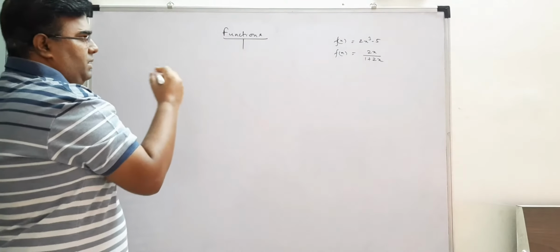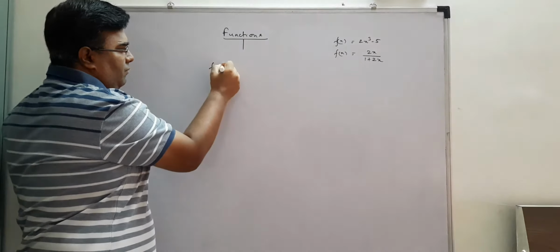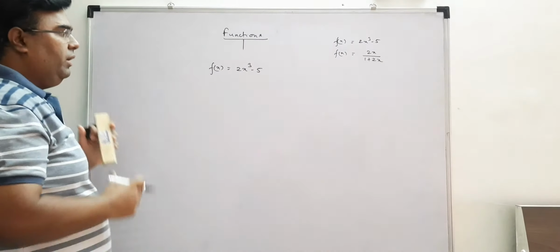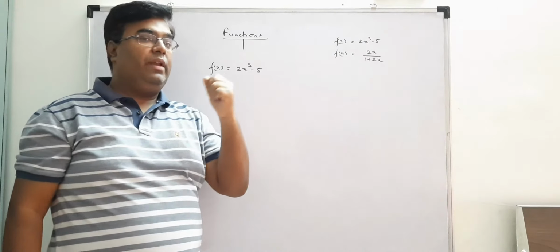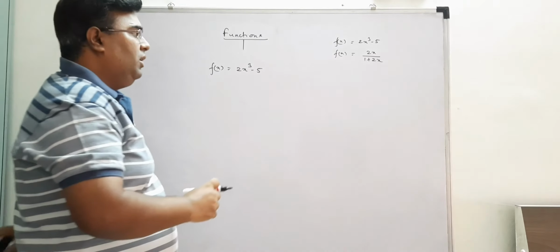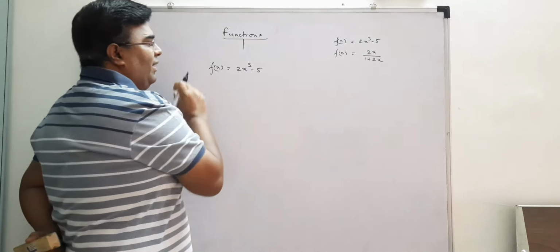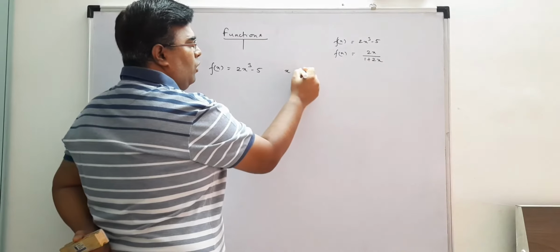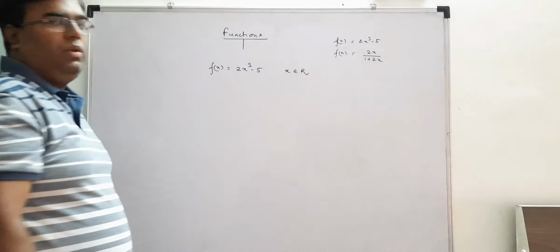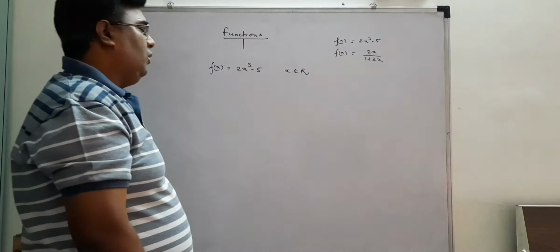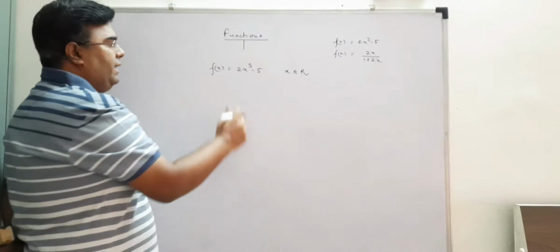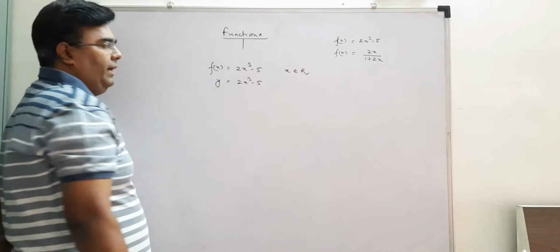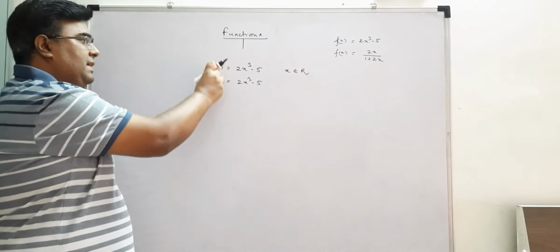Okay, the first example is f(x) is equal to 2x cubed minus 5. Now here the definition of the function is also very important, right? In the definition you will get what values x can take. Here I am assuming that x can take all real numbers. Now the first step would be to take f(x) as y.